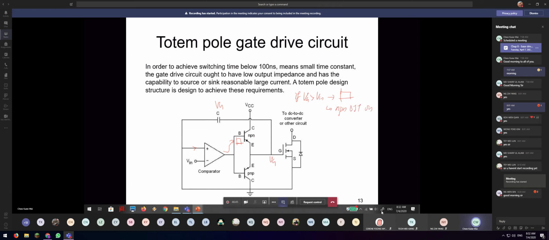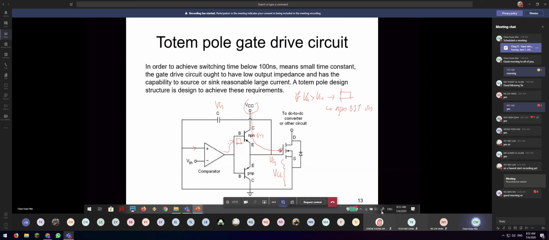That means this one will be on. When it's on, it acts like a short circuit, so the main current will flow this way. That means there will be a voltage built up here, so it's VCC. Because here is a short, the main voltage will fall across the open circuit here, VGS. So the VGS here will be like VCC, so it will turn on the MOSFET.